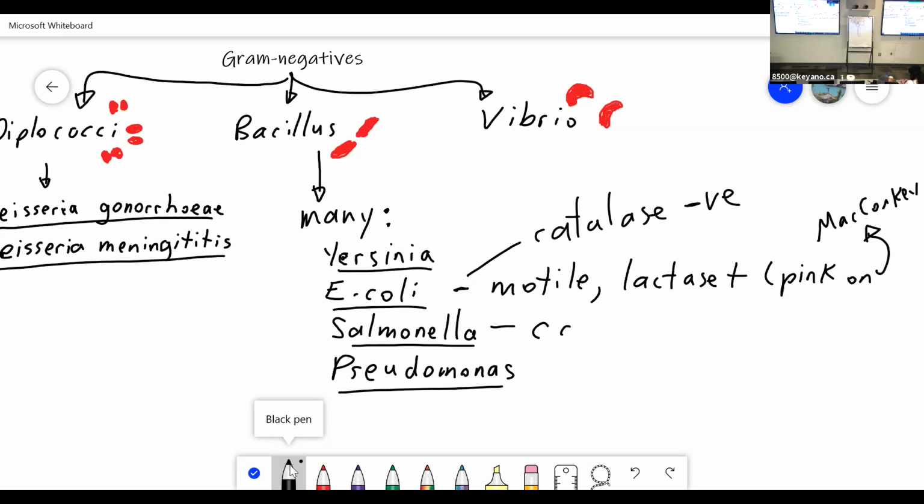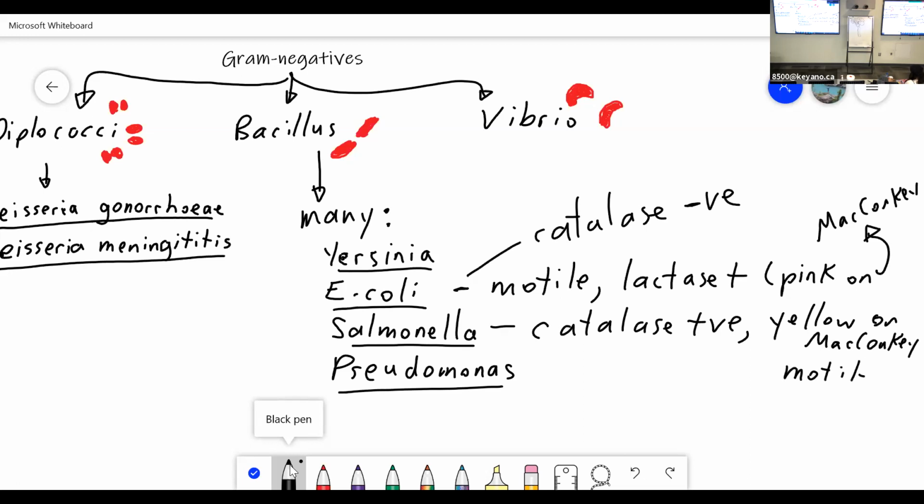So Salmonella is catalase positive. And it's yellow on MacConkey agar. It's also motile.